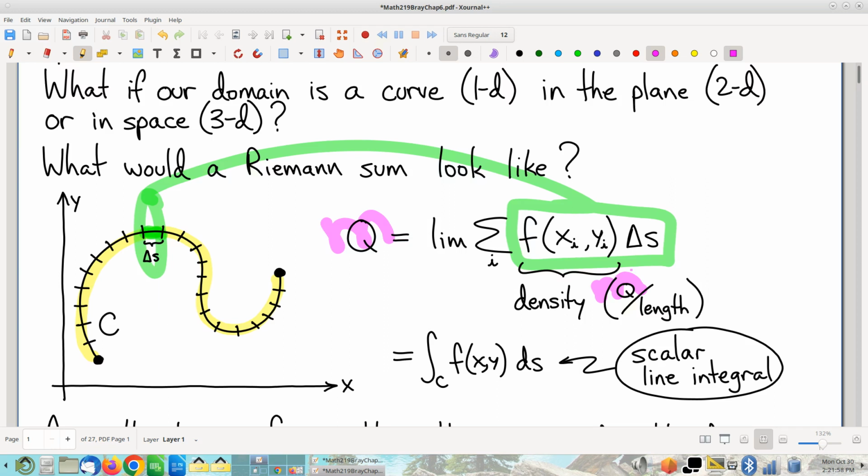And so, for example, this could be a population thing. And so imagine that this is a bent metal wire and there's ants crawling all over it. Or maybe this is a river and I'm interested in the number of fish that are in the river, and I understand fish population by how many fish there are per unit length of the river, whatever, right?